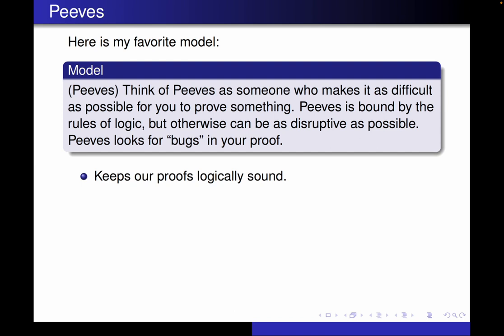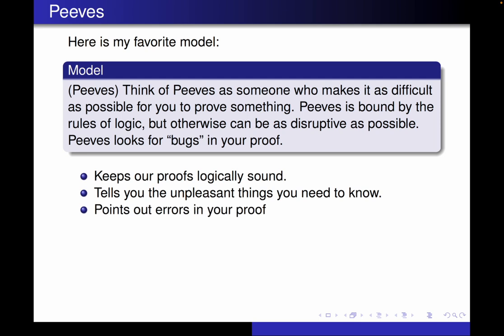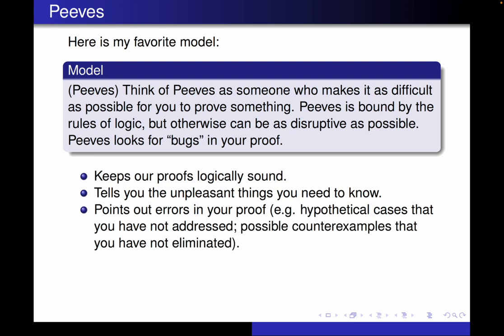Peeves is annoying, but actually in many ways very helpful. Peeves helps us keep our proofs logically sound. Peeves tells you the unpleasant things you may not want to know, but that you need to know. Points out errors in your proof, things like hypothetical cases that you have not addressed yet, or possible counterexamples that you have not eliminated.